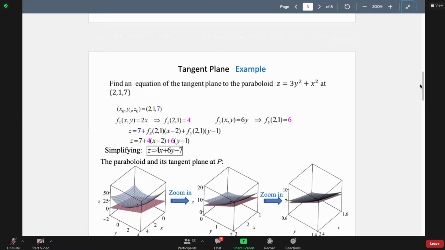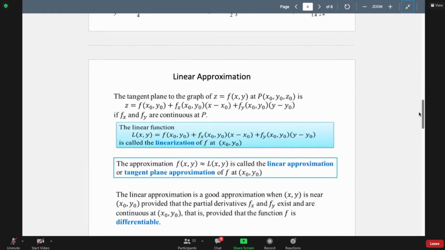So let's see. Here is the linear approximation. The tangent plane to the graph of this function at a specific point is this. That's what we had on the previous pages. And that's of course a linear function. z depends on x and y in a linear way.